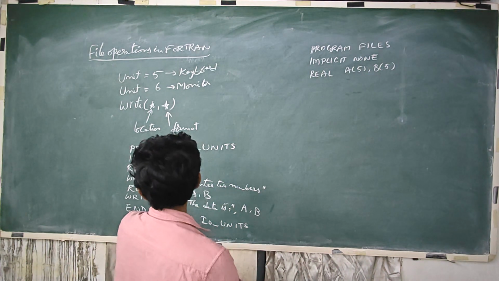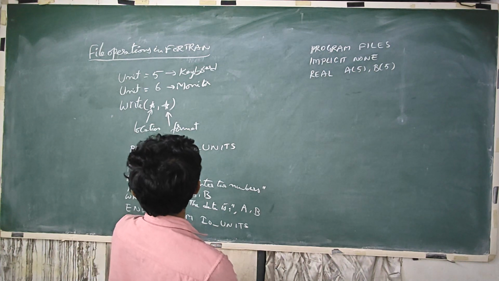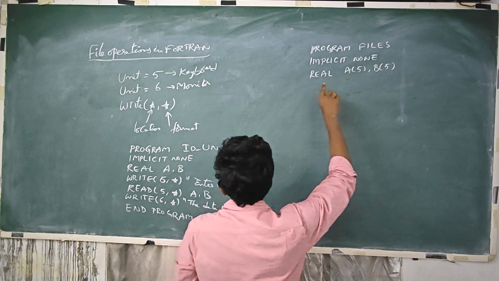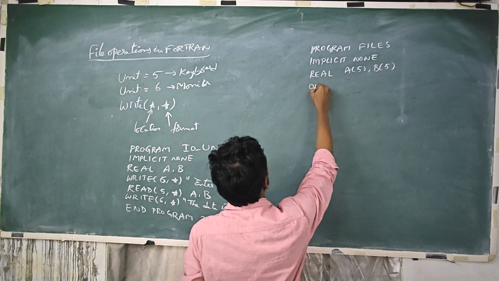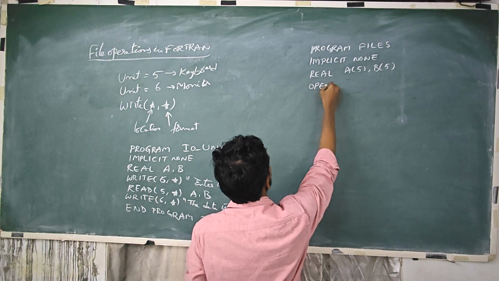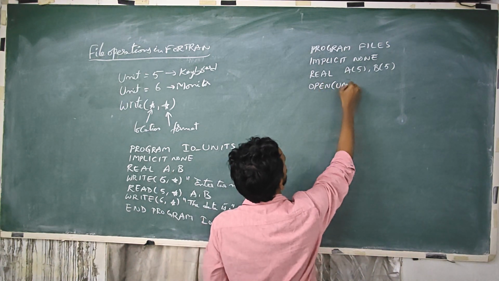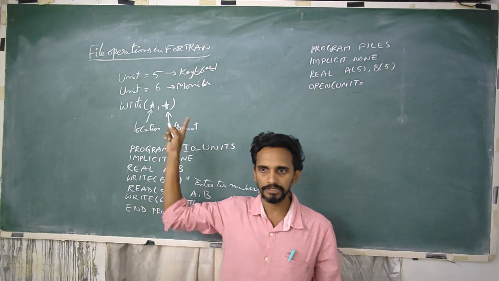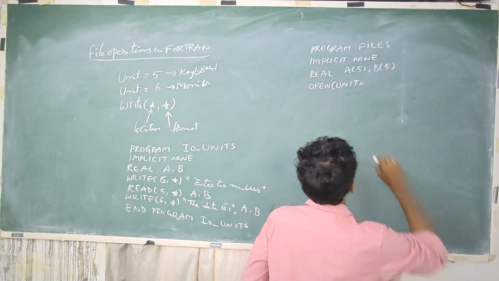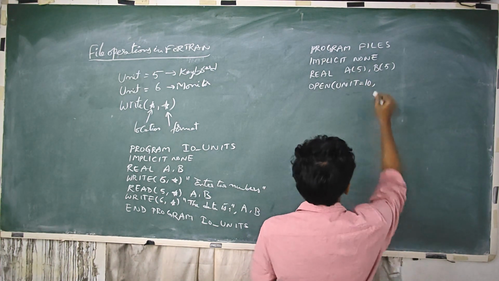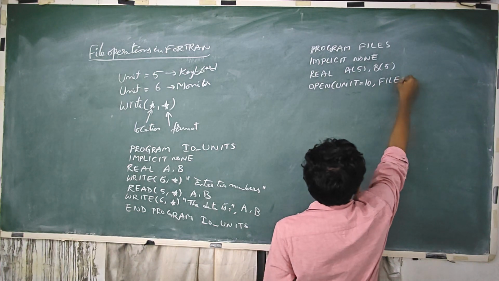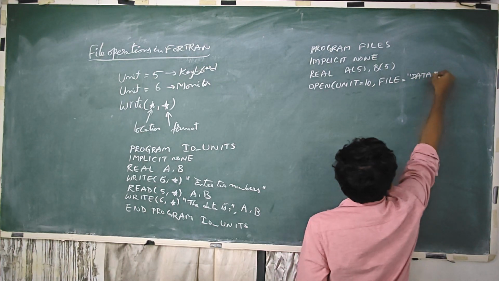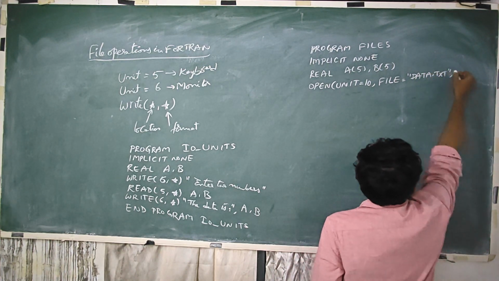Okay. For that, first of all I have to read the data into that. So what shall I do? Open unit, this number we need to specify, and that should be other than 5 or 6, any number other than 5 or 6. I take unit 10 and I have to give the file name, and the status.